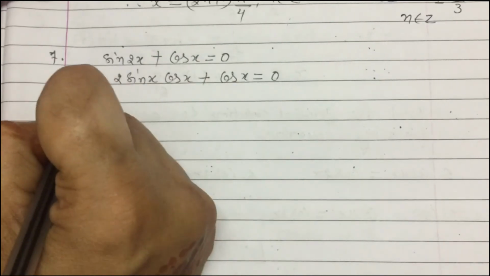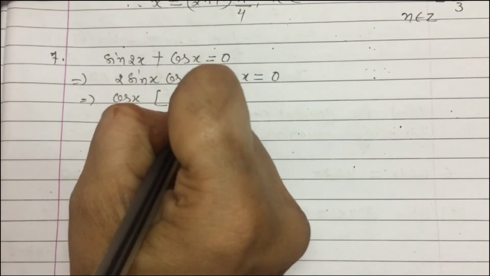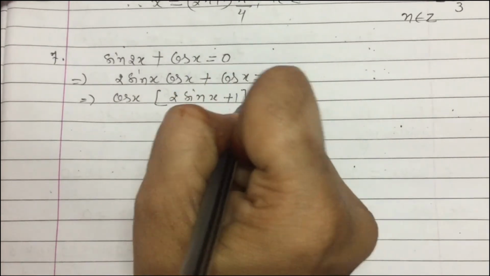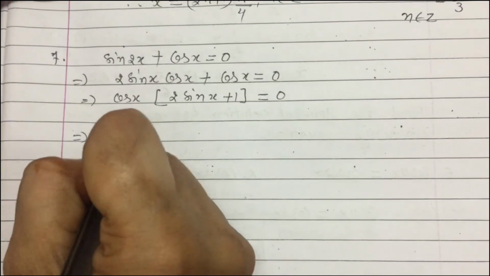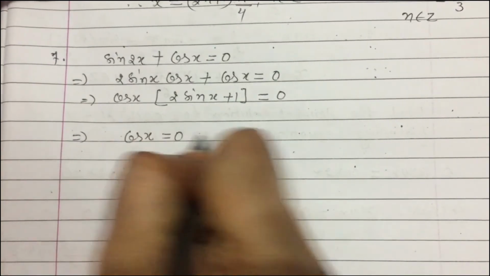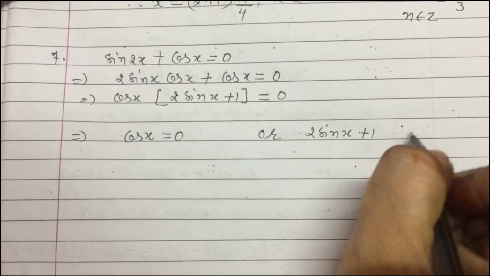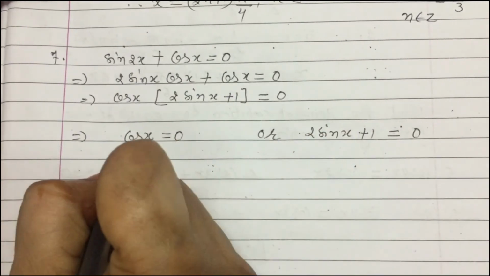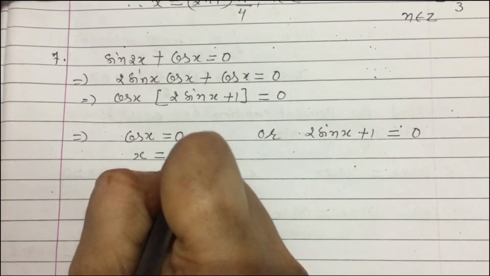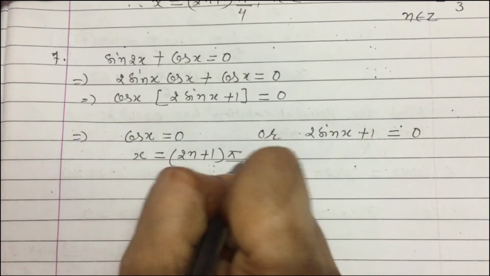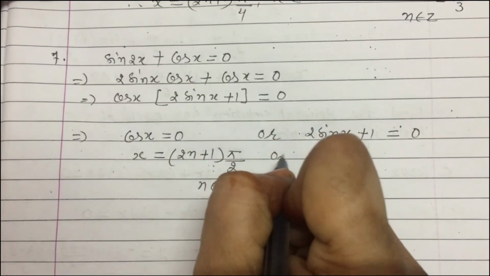Here take cos x common, you will get cos x (2 sin x plus 1) is equal to 0. Now here are two factors, one is cos x is equal to 0 or 2 sin x plus 1 is equal to 0. So from this you will get x is equal to (2n plus 1) pi by 2, for n belongs to z.